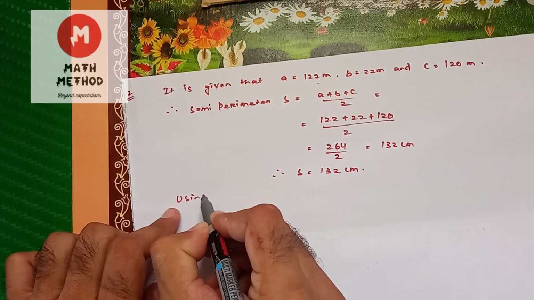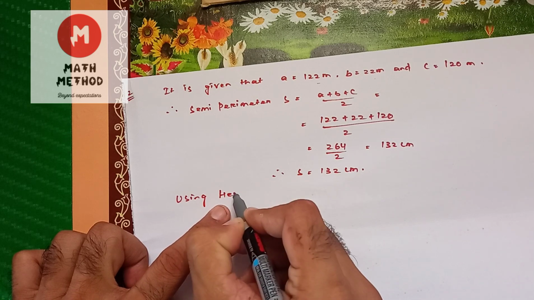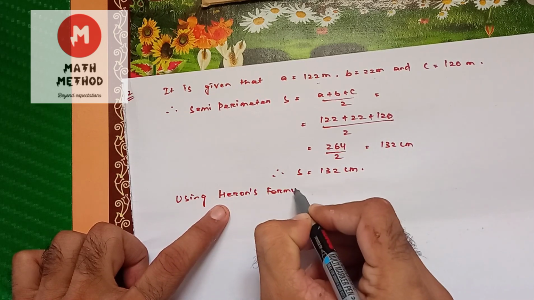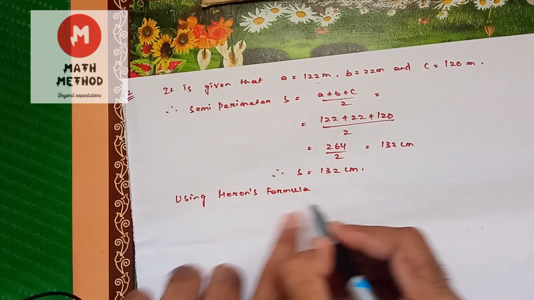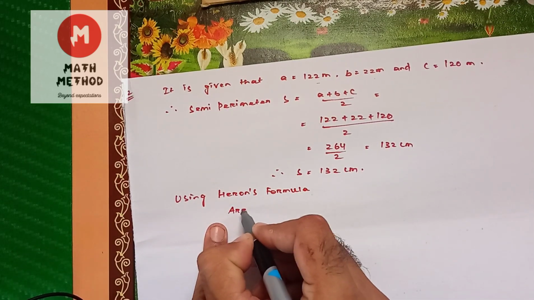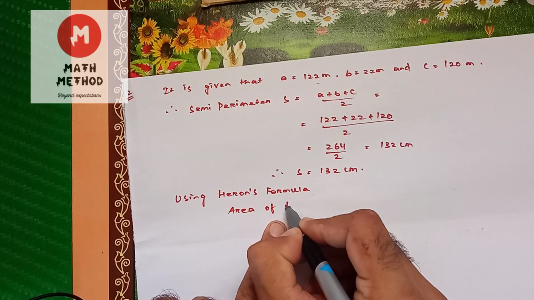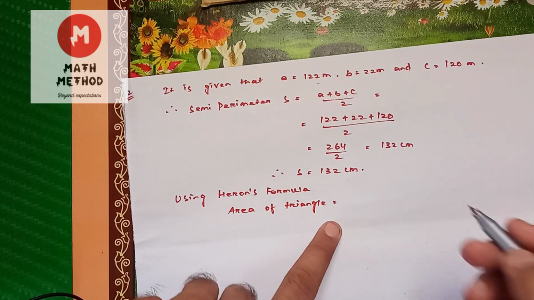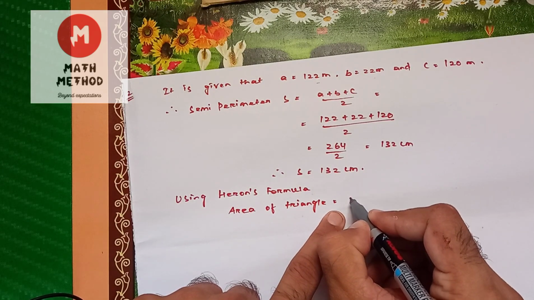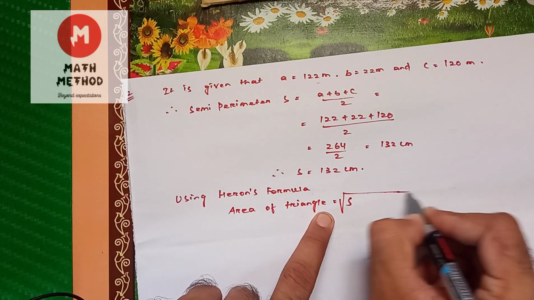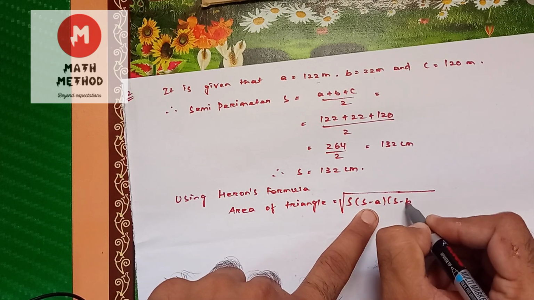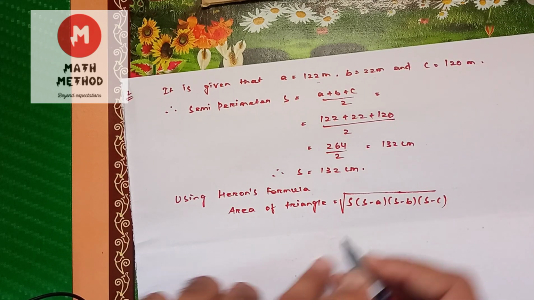Using Heron's formula, area of triangle is equal to root over S into (S minus A) into (S minus B) into (S minus C).